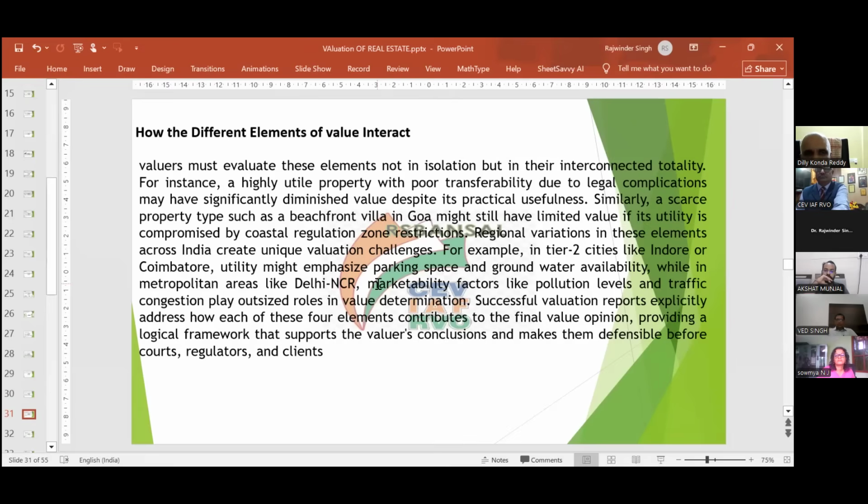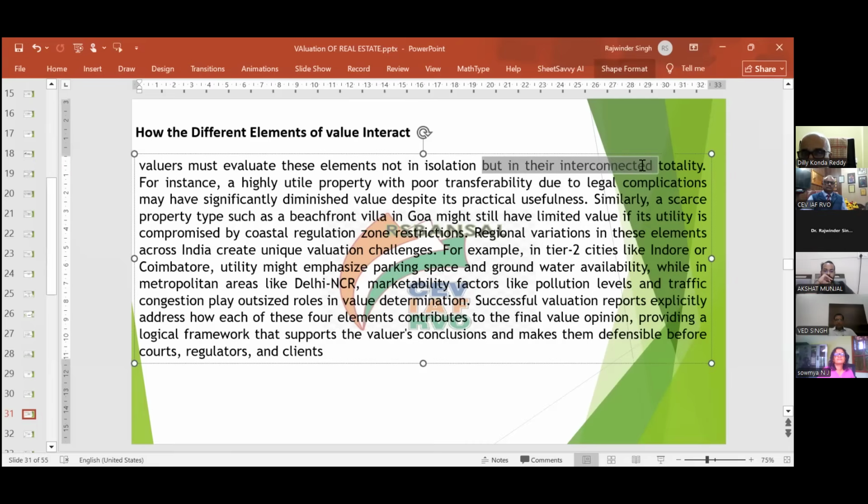So it is not that the property having utility will have higher value. How other factors are also combining with it to produce a particular value, that will be the thing which will affect the value. So you have to evaluate these elements not in isolation, but in the interconnected totality.